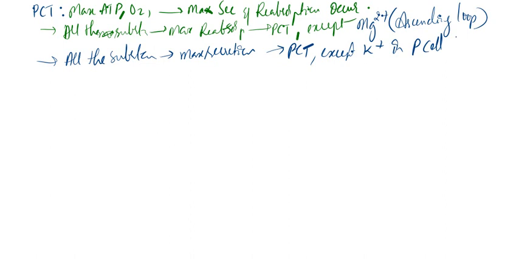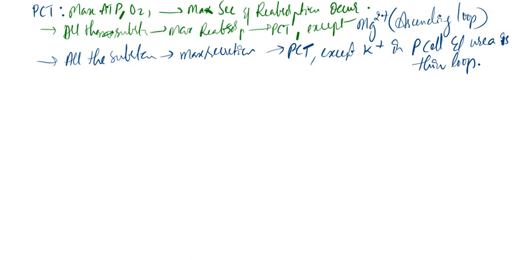As well as urea, which is excreted in the thin loop of Henle, not in PCT. Remember, for the rest of all the substances, the maximum secretion occurs in PCT, except potassium in the P cell and urea in the thin loop of Henle, right?